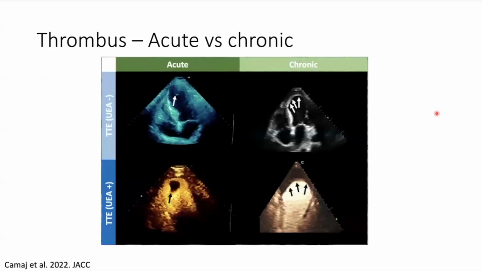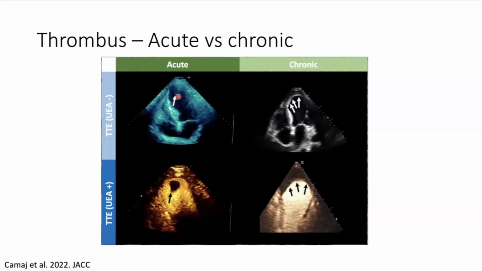We'll discuss. So this is a schematic showing the differences between acute and chronic. In the upper panels, we have no use of ultrasound enhancing agent, and in the bottom we have ultrasound enhancing agent, so Infinity. Looking at the top left panel, in the acute setting, what we're looking at is a protruding mass into the left ventricular cavity.